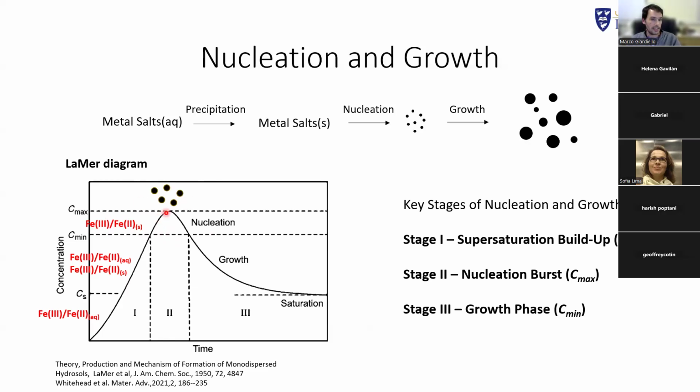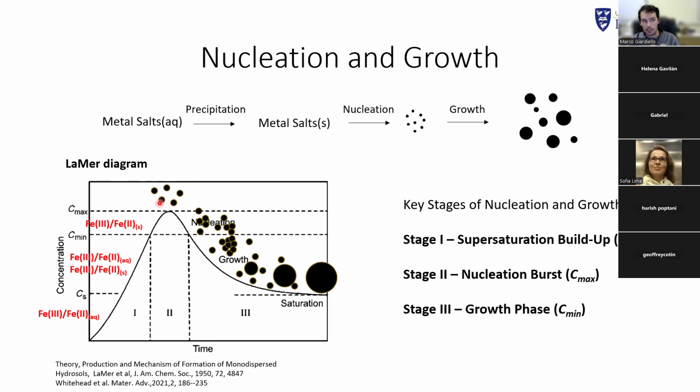So no more nucleation occurs, and what's remaining just starts to diffuse onto the surface of those particles, and you start to get growth. So you can imagine that if you had an extraordinarily fast, massive nucleation event, all of your material is part of these particles.